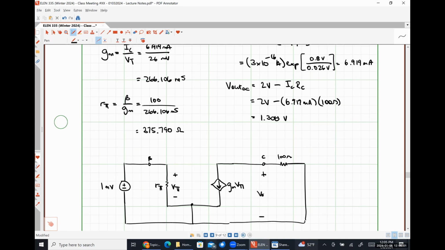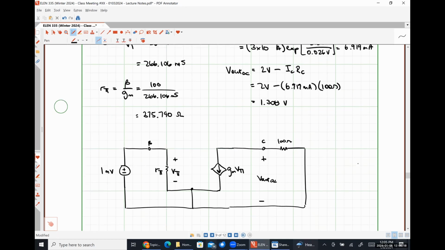So this is going to be the output voltage for our AC contribution, and it's literally just the voltage drop across the 100 ohm resistor. So we are trying to solve for this quantity. How are we going to do that?